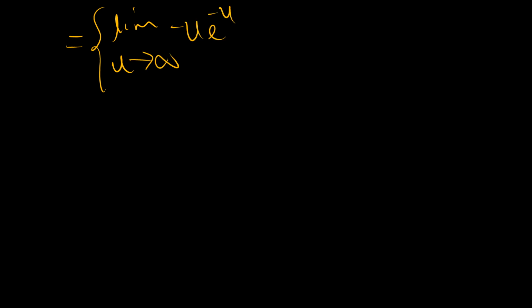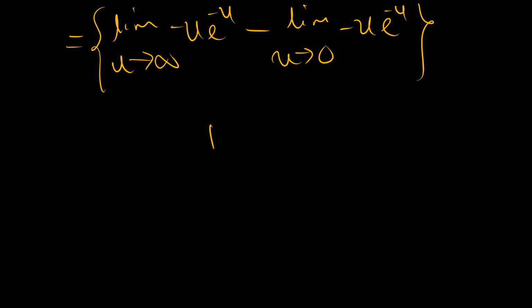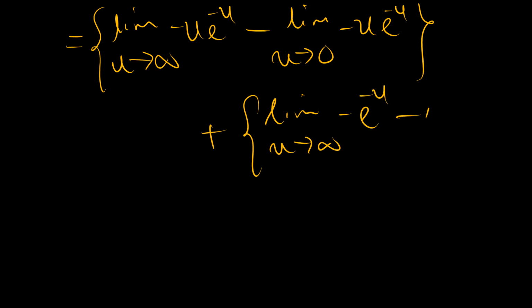So this eventually becomes the limit as u tends to infinity of negative u e to the negative u, minus the limit as u tends to 0 of negative u e to the negative u, plus the limit as u tends to infinity of negative e to the negative u, minus the limit as u tends to 0 of negative e to the negative u.